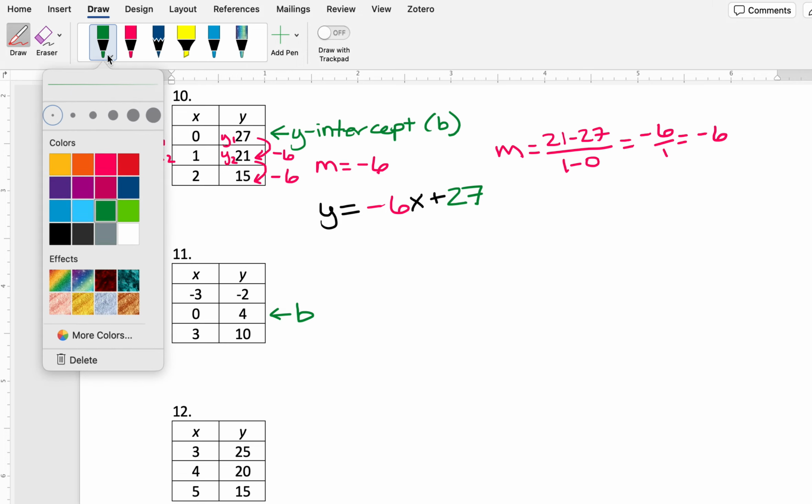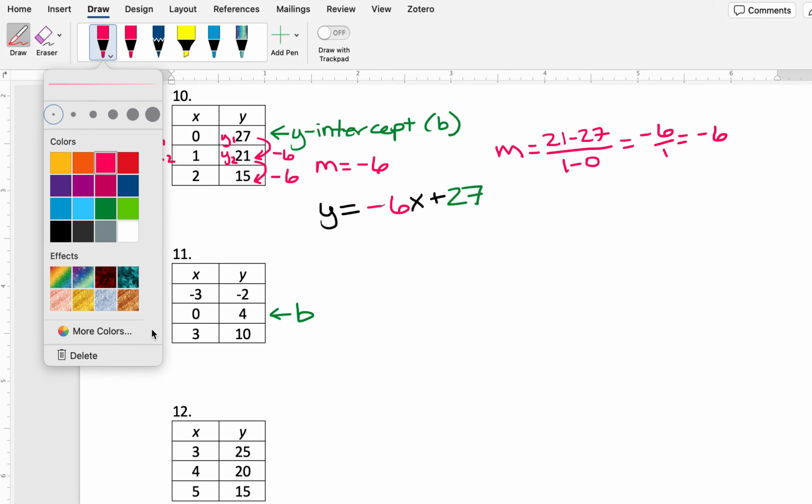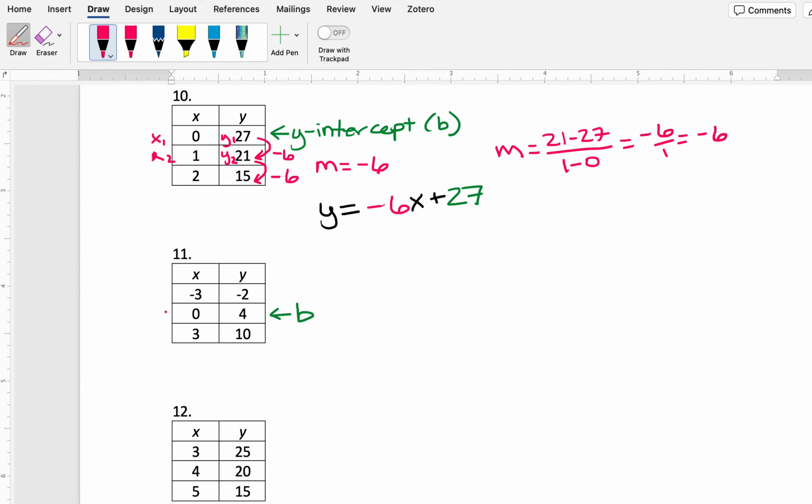Again, we could use the slope formula instead. So if I were to label my points here, I'll choose the second two here for x1 and x2, y1 and y2, and then plug in. We're going to get 10 minus 4 over 3 minus 0, which is 6 over 3, which is 2.